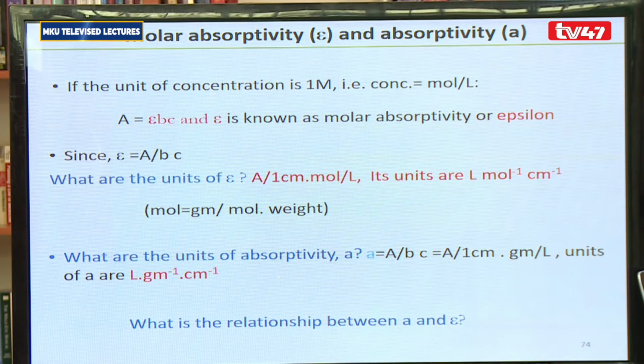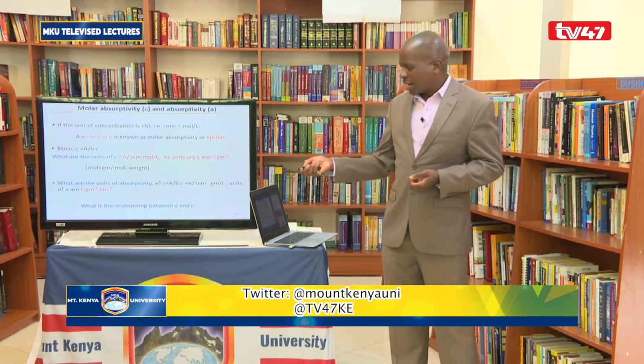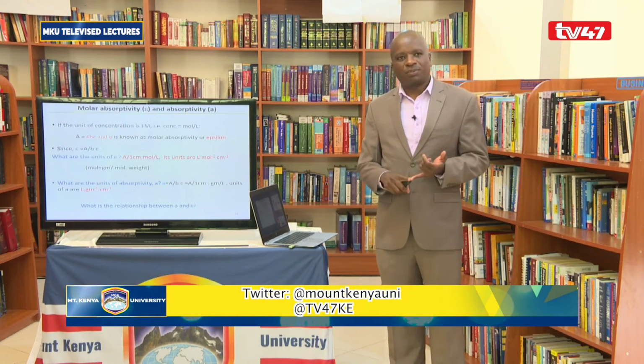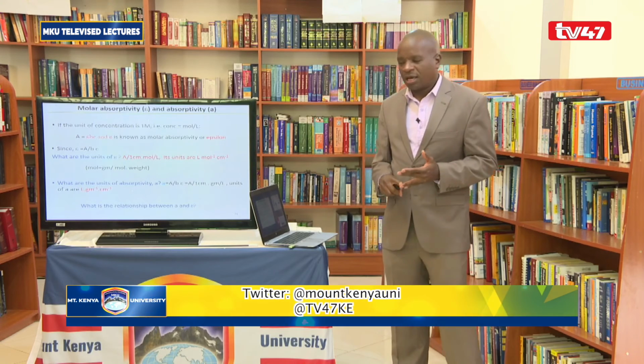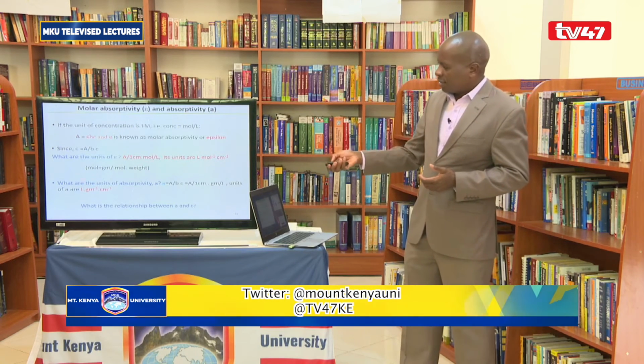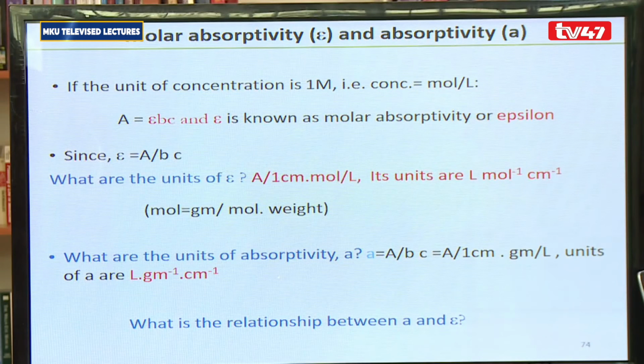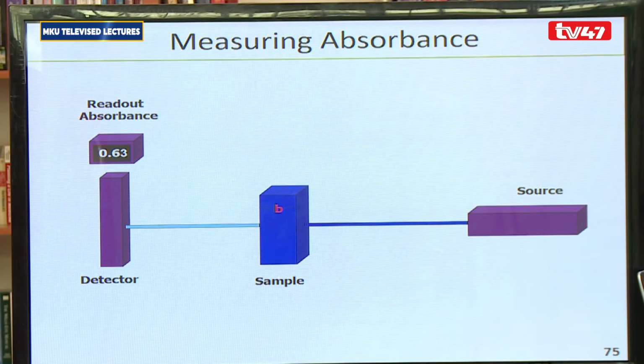And so now the units of absorptivity will be liters per gram per centimeter. And so now we are able to differentiate between molar absorptivity and absorptivity. By looking at the units given, you are able to know whether to use alpha or A or whether to use epsilon.